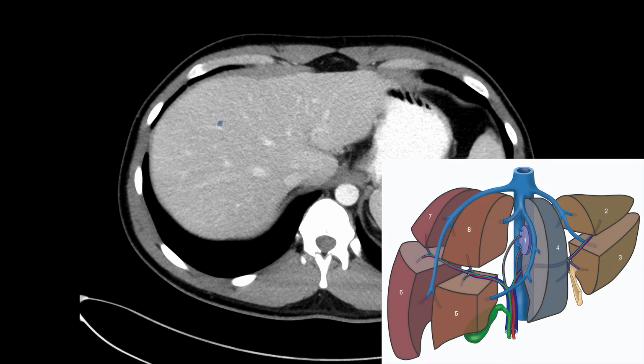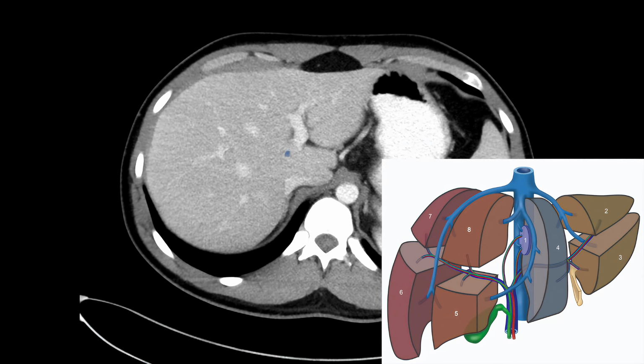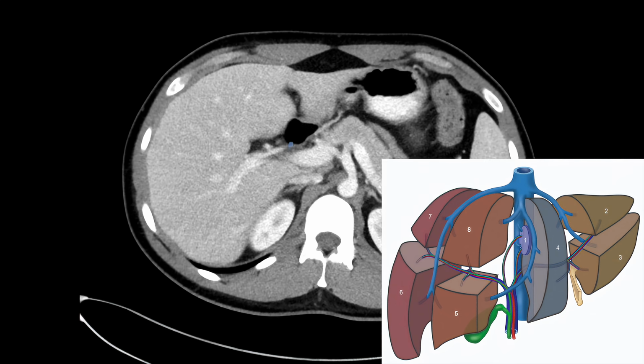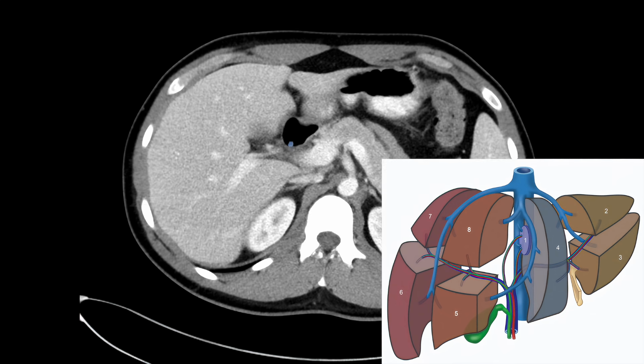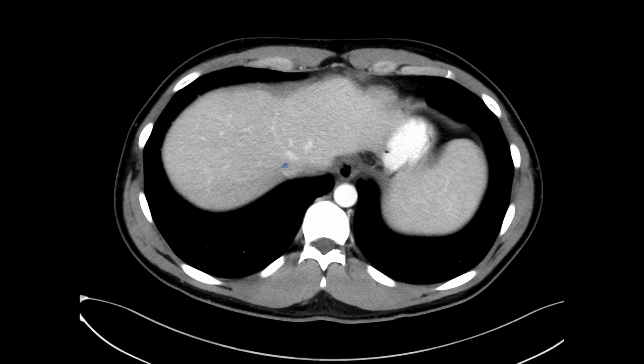And segment 8 is up here. Okay, if you didn't follow that, have a look at the diagram and scroll through some anatomy to better understand the segments. The segments are important to describe abnormalities when you're reporting, as well as to have the same nomenclature as the people who you're communicating with.